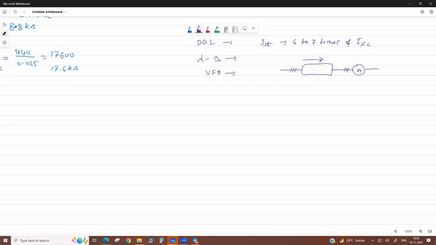So this VFD is only useful if there is not a full load always.